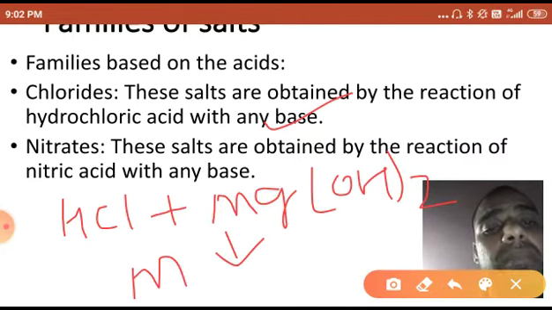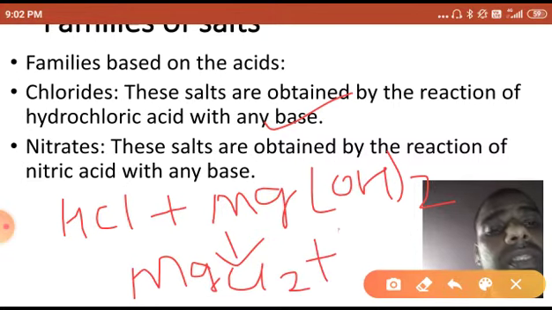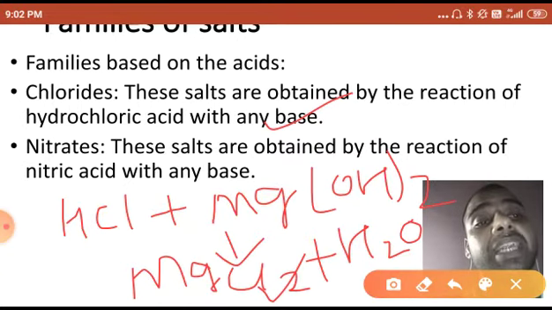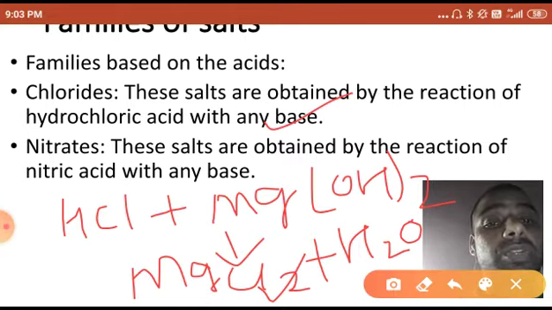It will form MgCl2 plus H2O. Once again you can see the chloride family, magnesium chloride ending with chloride, so chloride family.